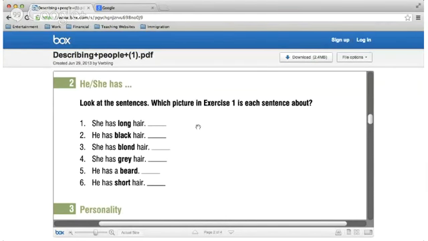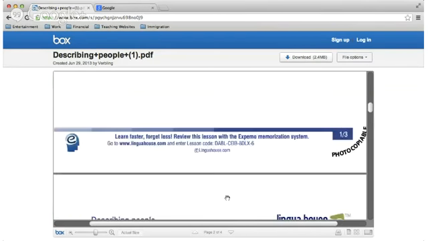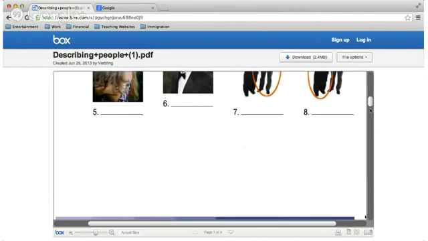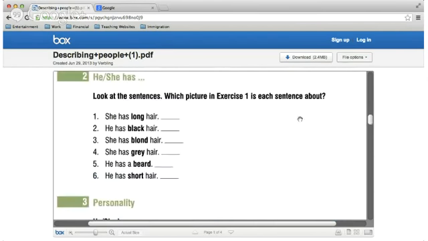She had long hair. And number 5. Number 5, you said? Yeah. So this is a woman, she has long hair. So this would be long hair. Very good. Excellent.